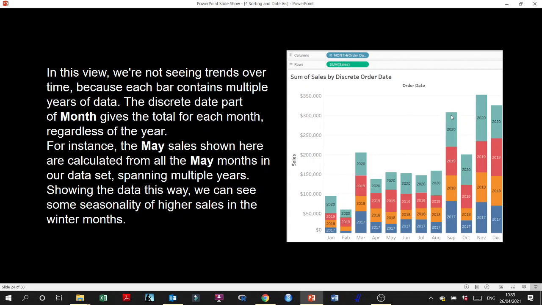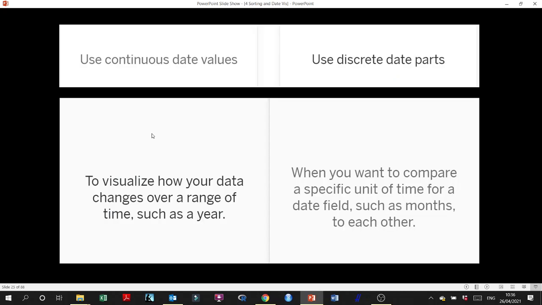It doesn't mean that September is not experiencing very high sales because most of the sales were made in 2020, for example. No, it is very consistent throughout, and in general winter experiences more sales.